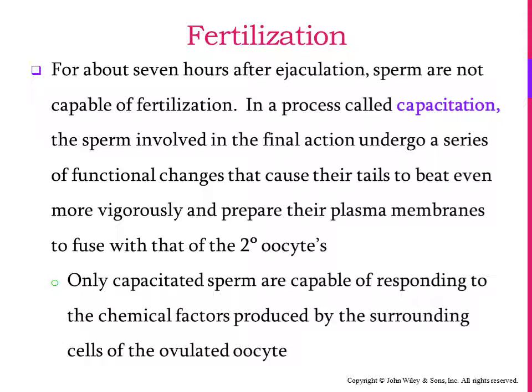That is the sperm that will fuse with the secondary oocyte, trigger the completion of meiosis II in that cell, and their genetic information will combine to form the zygote.